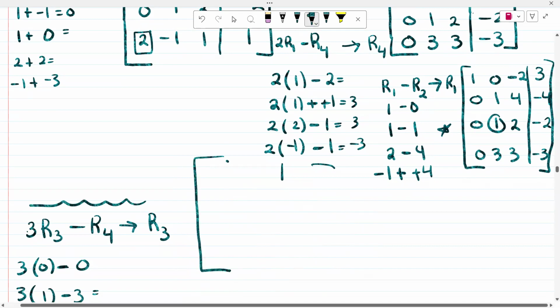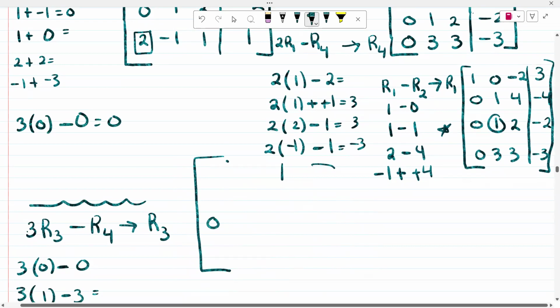So this is our new answer: 3 times row three minus row four gives you row three. So go back to this matrix and let's put it here. So the first number is going to be 3 times the first number in row three using this matrix, which is 0, minus the first number in row four, which is 0. So that gives you 0. So the first number in row three should be 0.